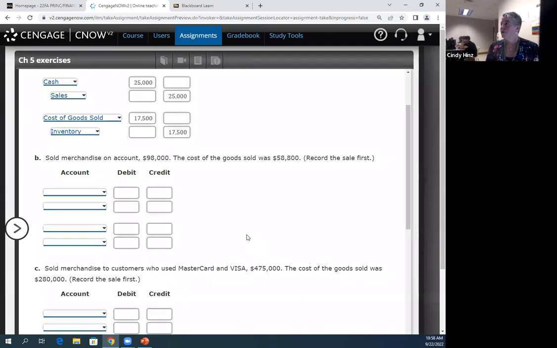Go ahead and do the entry for part B on your own. This is mostly going to mirror part A, except now these sales are on account rather than cash sales.